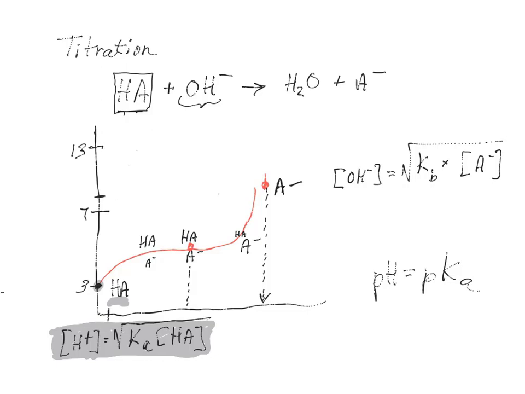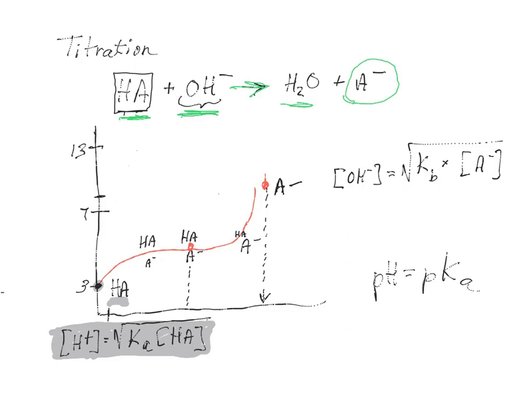We're now going to add hydroxide. Hydroxide from a strong base. It is a strong base, and as soon as it sees this acid, it's going to react with it 100% and make some water, which we don't care about, and make, very, very critically, some conjugate base.